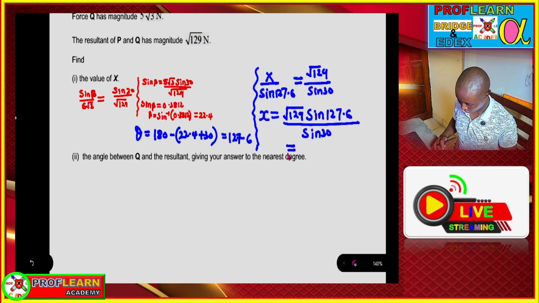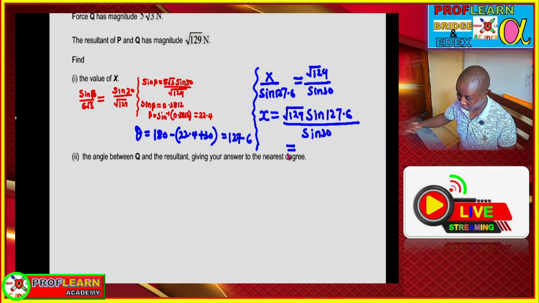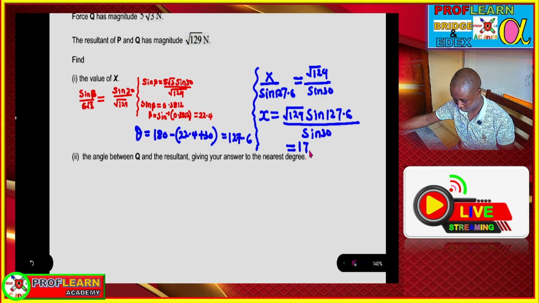And if you work it out, this is going to be equivalent to root 129 sine 127.6 over sine 30, which translates to 17.99, to two significant figures.